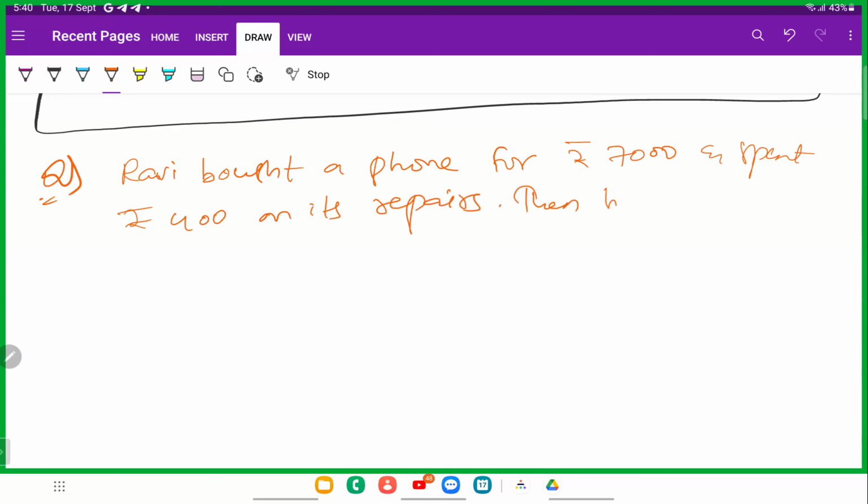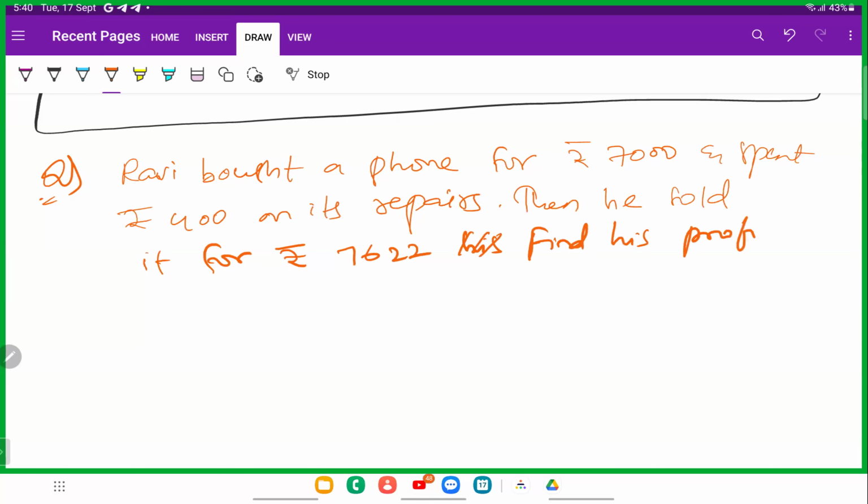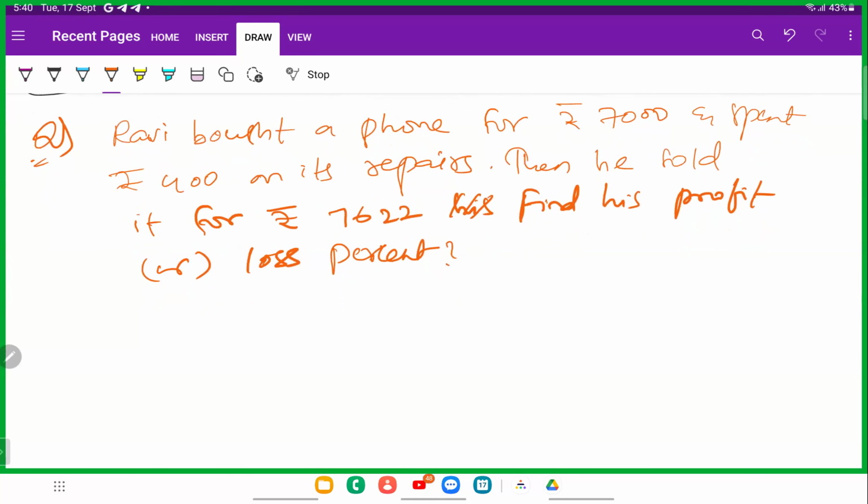Then he sold it for rupees 7,622. Find his profit or loss percentage. I give you 2 to 3 minutes of time. Please send your answers on the chat box.